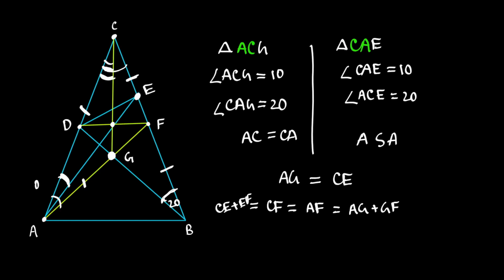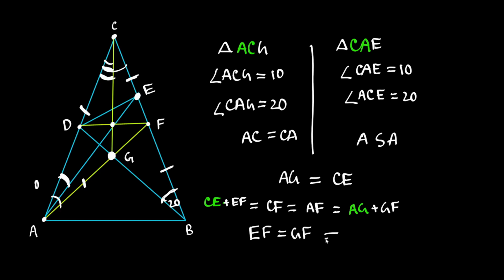We found that CE is equal to AG. So that means EF is equal to GF.